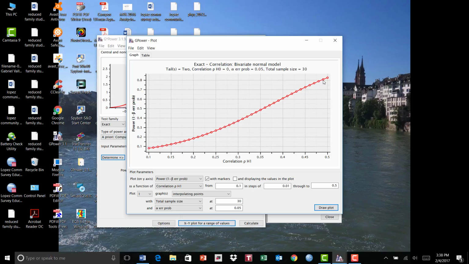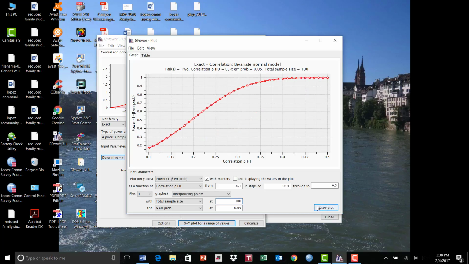But what about if I had 100 people? Well, that looks a lot better. Of course it would. Sample size increases, power increases. So if I have 100 people, that's great. Then look, I can detect a much smaller correlation coefficient, somewhere between 0.25 and 0.3.